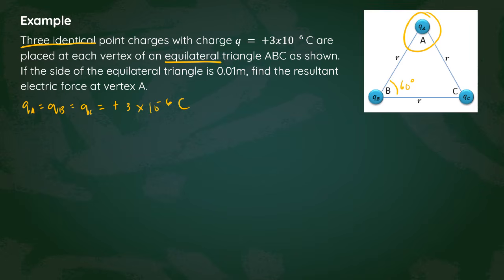Now, since all of them are positive, if we are to solve for the force exerted on QA, QB will exert a repulsive force on QA, as well as QC will also exert a repulsive force on QA, since they are both positive.